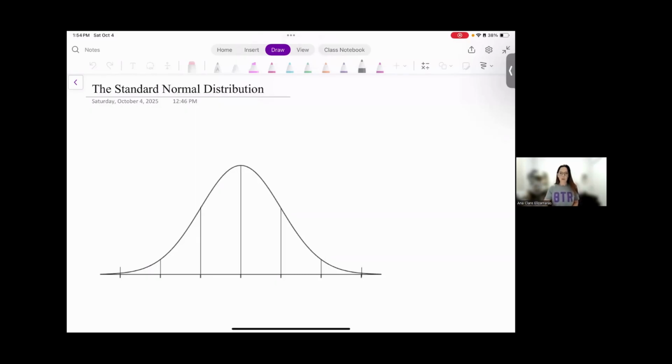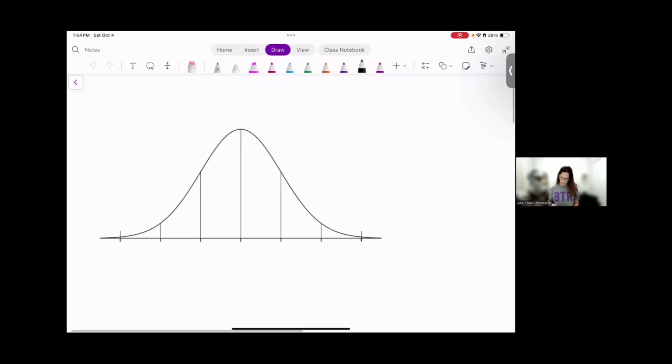Okay? To start, we need to break down the picture that we have here. This is a standard normal distribution, and right down the middle of our distribution, which sums to one whole, we have the average. We would expect the average value to be right in the middle.